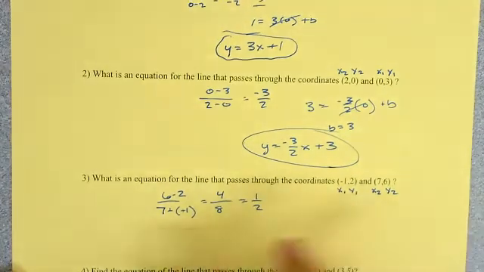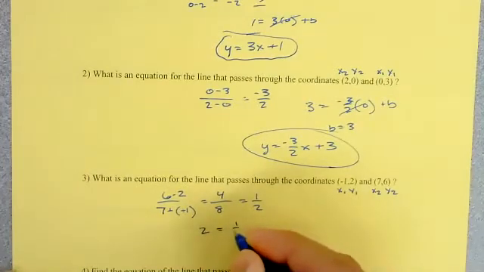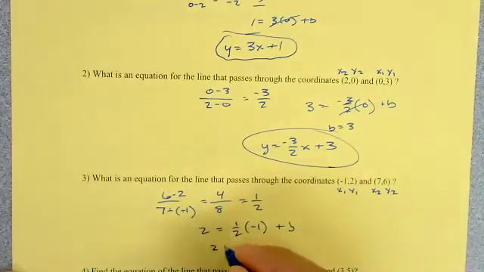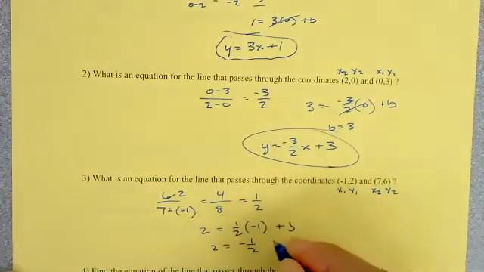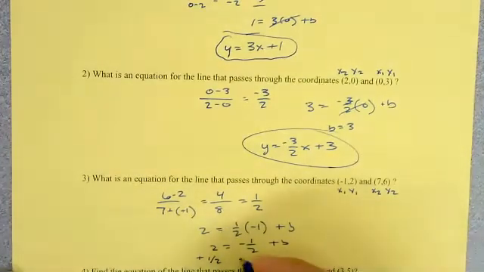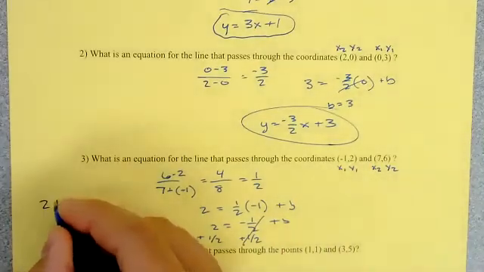Okay, plug in either one of those points. I plug in the first one: 2 equals 1/2 times negative 1 plus b. So I get 2 equals negative 1/2 plus b. I have to add 1/2. Not super ideal, but 2 plus 1/2.